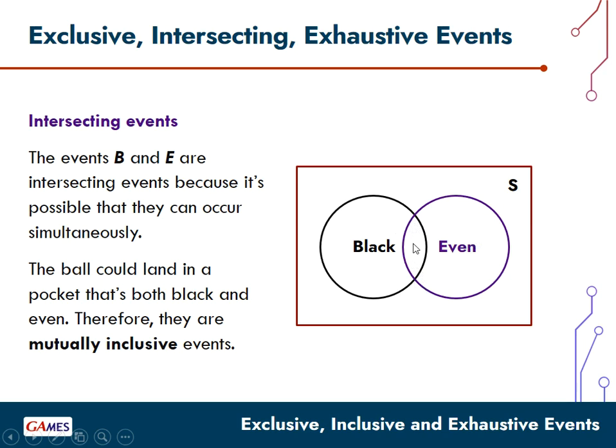You have to take away the extra 10 that will be duplicated here, because black contains those 10 even outcomes, and the even also contains 10 black outcomes. So you have 10 black even and 10 black even. You have to remove one of them. That is the intersection you're removing when you want to compute the probability of getting black or even when you have intersecting events.